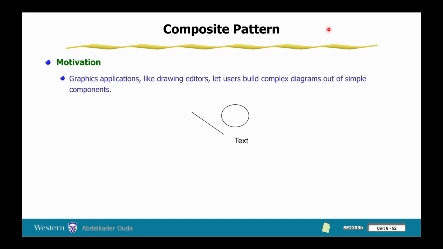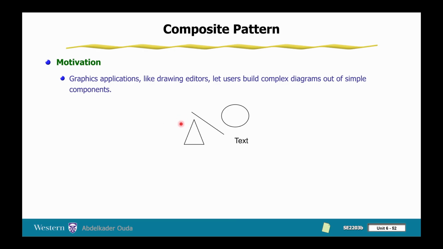And out of the line, they have more complex elements, something like a triangle. If the application is able to draw a line, it should be able to draw a rectangle out of the lines. So this is the idea that's built into most of this type of application, a graphic editor, for example.